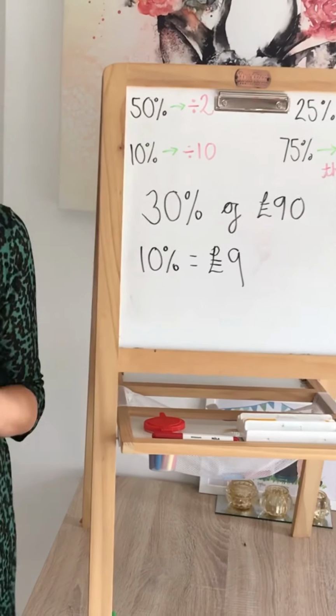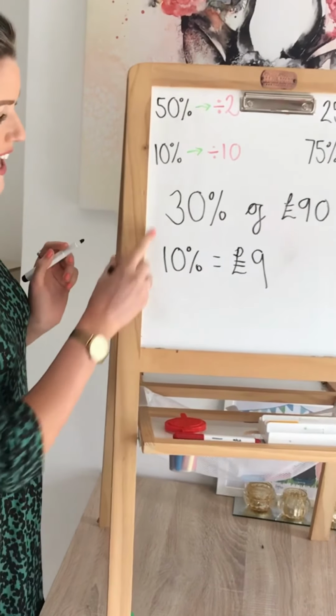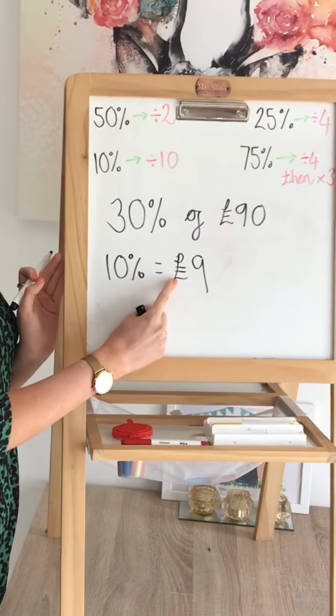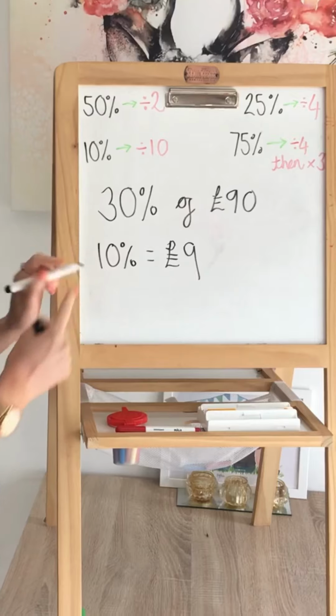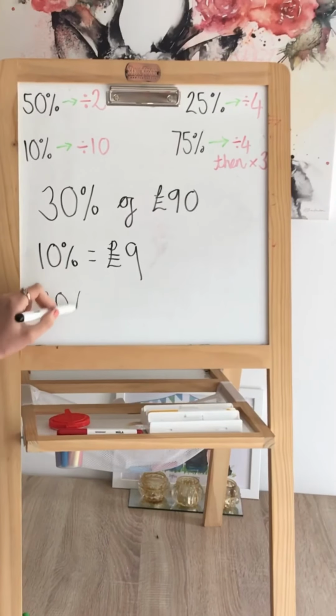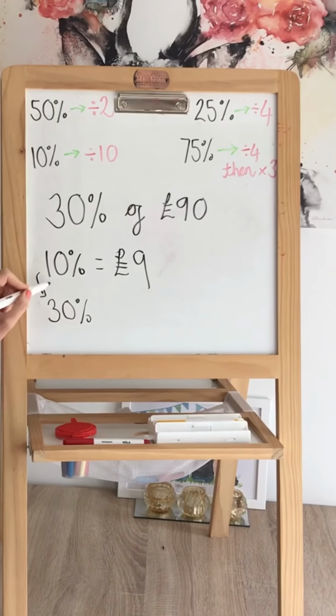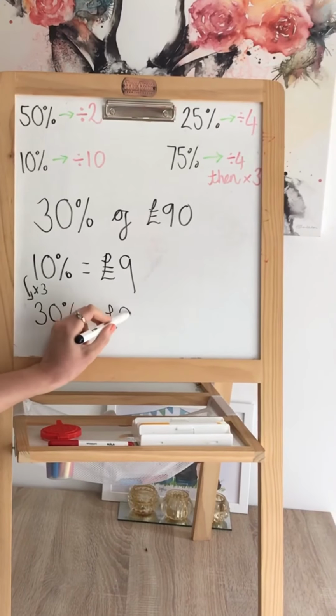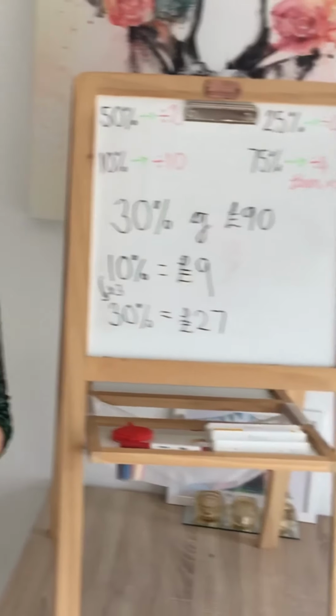And then just think about what you'd have to do to get 30%. If you know that 10% is £9, 30% would have to be 3 times that answer, which will give you £27.